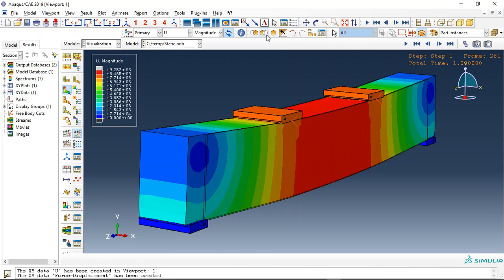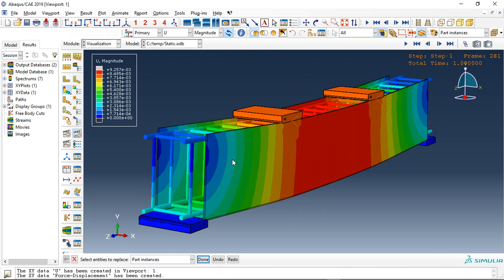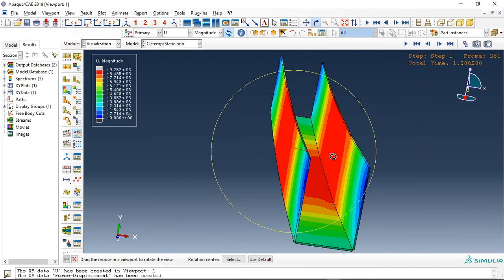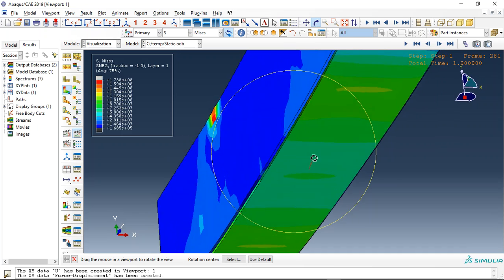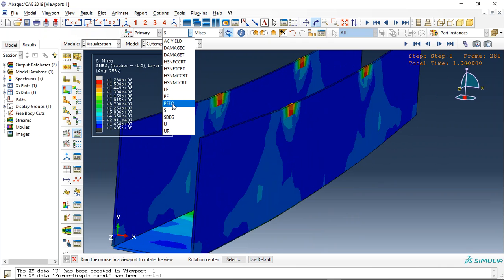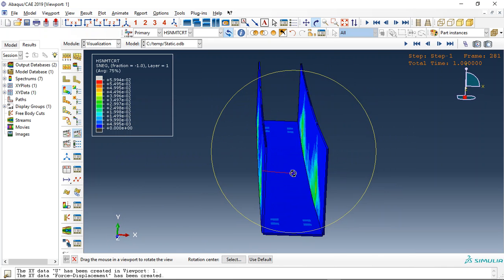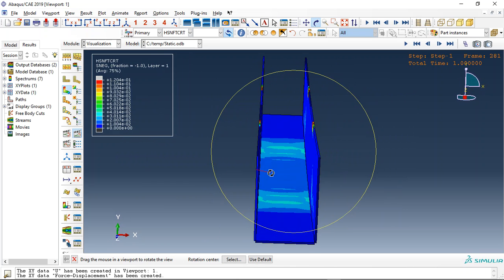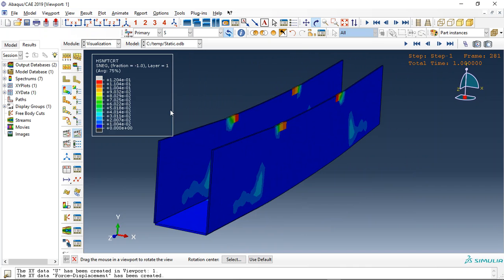for displacement. And now let me just hold the BFRP. This is the BFRP layers, the stress, the Hashin's damage, okay, and the stress.